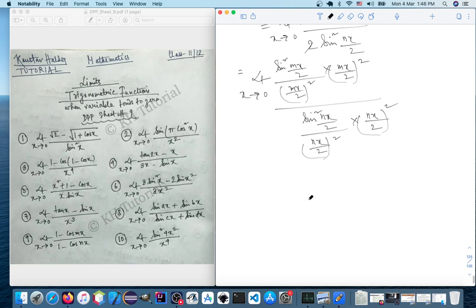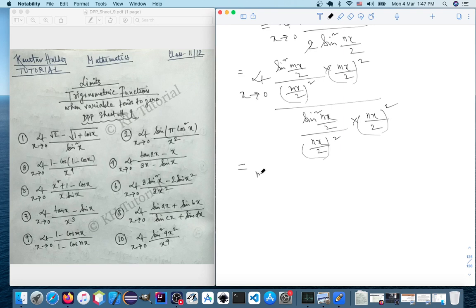So now the x square and this square get cancelled out, and so we will have m square by 4 from the numerator and n square by 4 in the denominator. So 4 gets cancelled out, so we will have m square by n square.